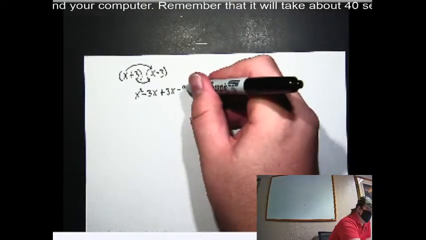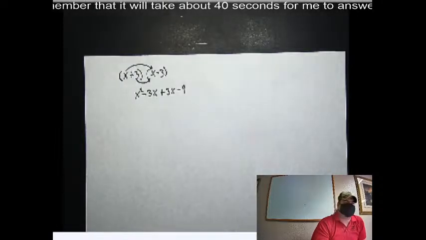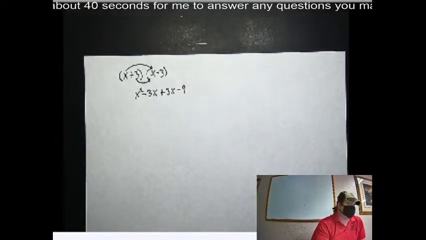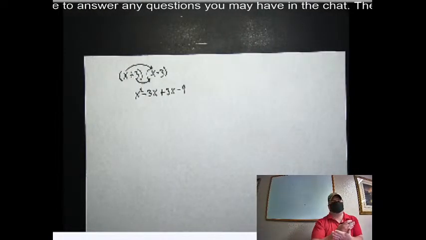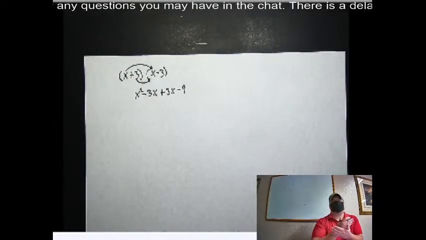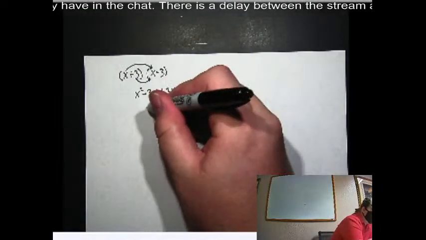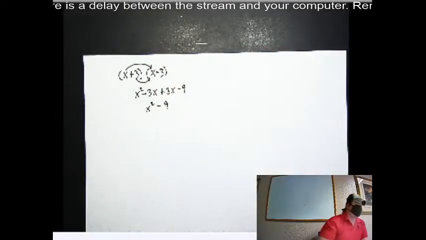Negative 9. Okay. So now we need to combine our like terms. What like terms do we have? Negative 3x and positive 3x. Well, what happens when we combine them? Yeah, we get 0x, and 0 times anything is 0, so it cancels. So we're just left with x squared minus 9.